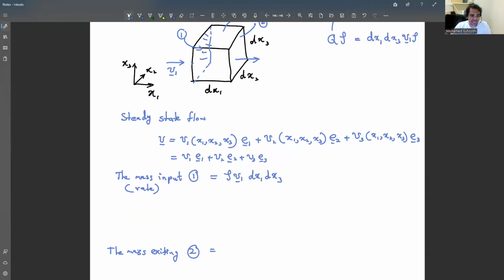So what is the Taylor series? Let me erase this first, we can write it later. First, try to calculate the velocity here.